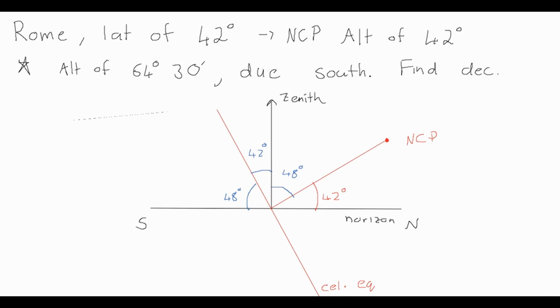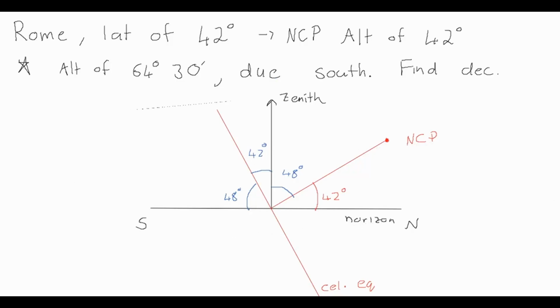So we know that our star is due south. That means that it is going to be past our zenith, and it has to be somewhere within the left-hand side of this diagram. And we also know that the star is 64 degrees and 30 arc minutes above the horizon. Now, the celestial equator is 48 degrees above the horizon, due south.